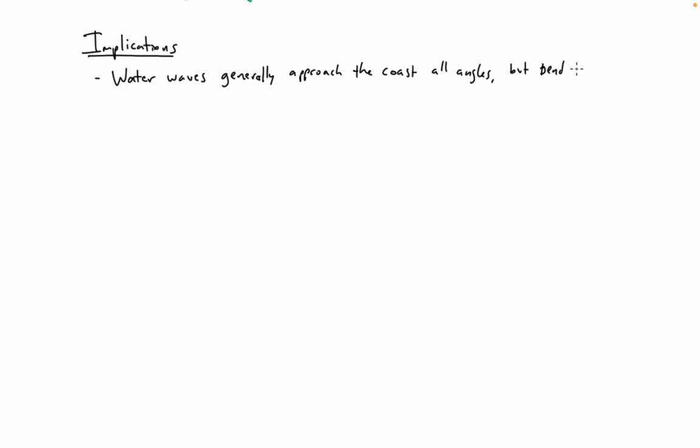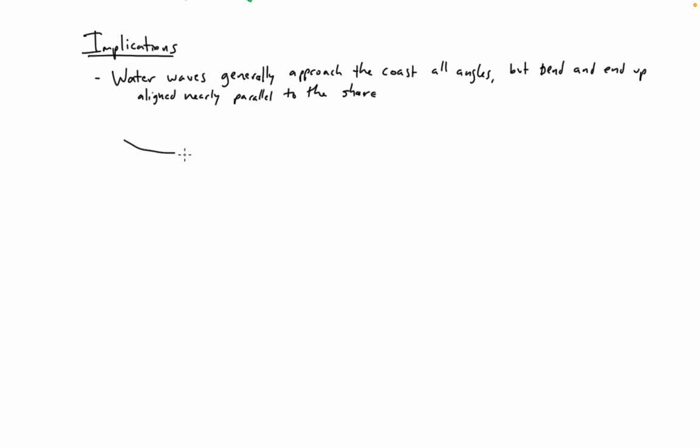But they bend and end up aligned, nearly parallel to the shore. So if you've been to the beach, you've probably noticed that most of the waves seem to be coming in pretty much parallel.